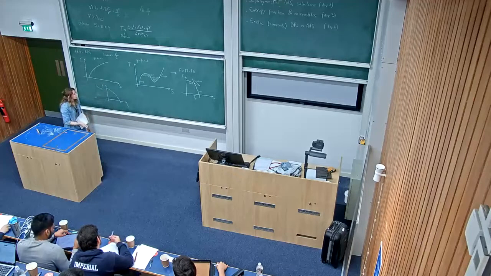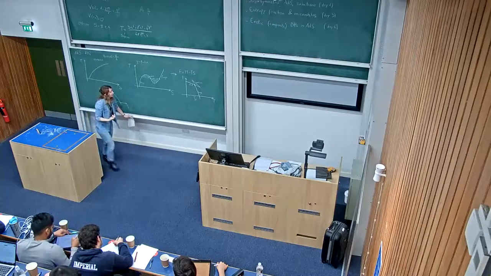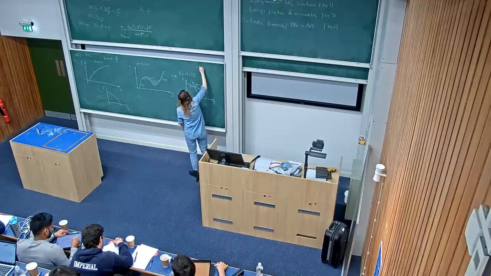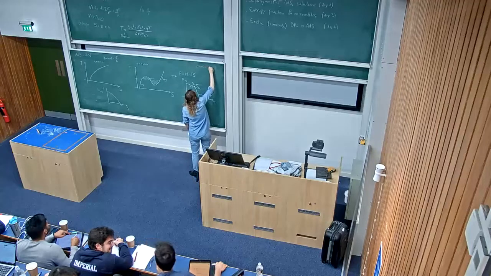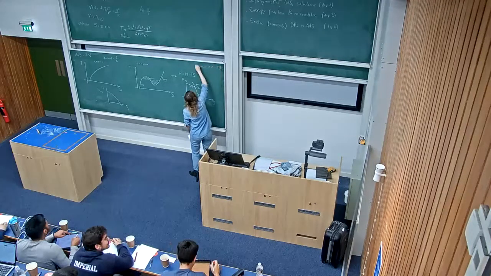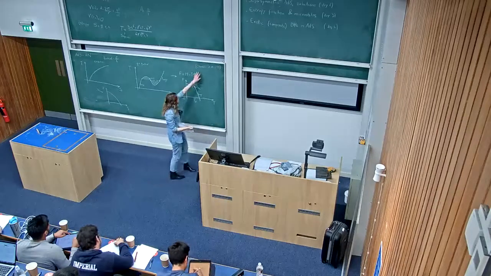So indeed, you can interpret it that way. I skipped all the references, but you can ask me later. This was found first by Chamblin et al. in 1999. If you look at Inspire, you can search for Chamblin and Emparan.